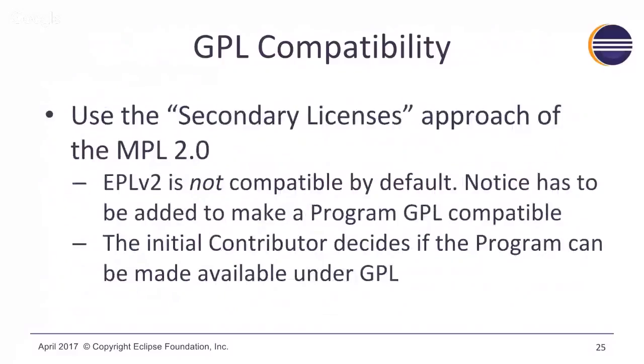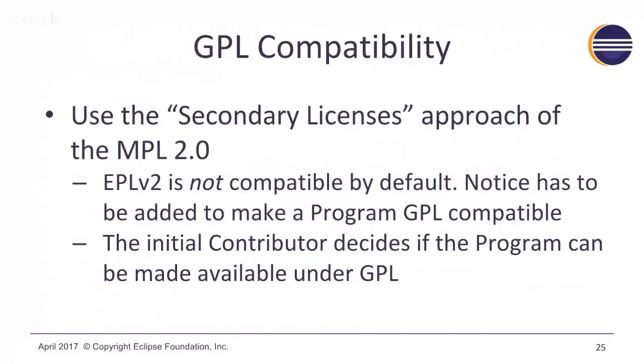The way that we're going to do this is basically copying the way that the Mozilla Public License 2.0 did this a few years ago. But it is important to note that you are not GPL compatible by default. None of the existing projects that are using EPL 1.0, or any new projects, are GPL compatible by default.